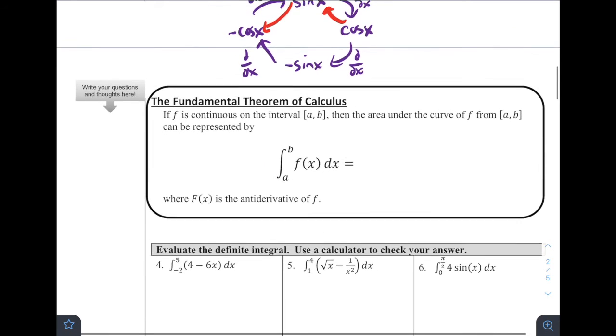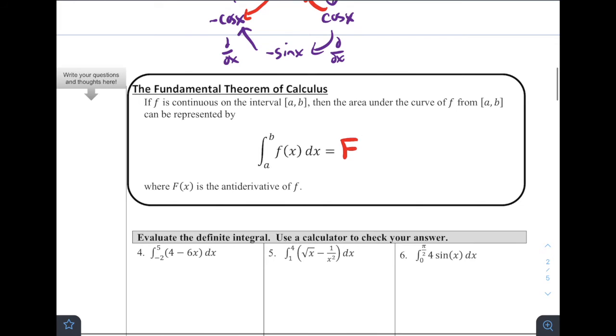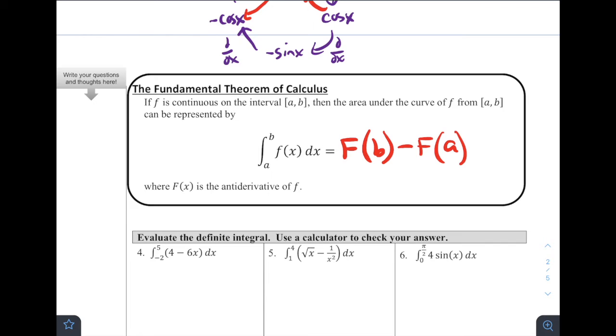It's going to be equal to the antiderivative of the function with the upper limit of integration, our b, plugged in, minus the antiderivative with our lower limit of integration, a, plugged in. So interestingly enough, I can find the area to do this, but also I could represent this using antiderivatives.